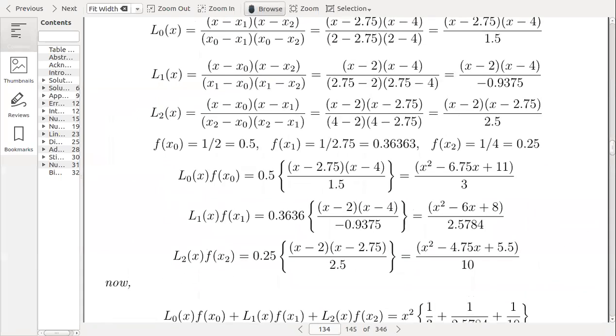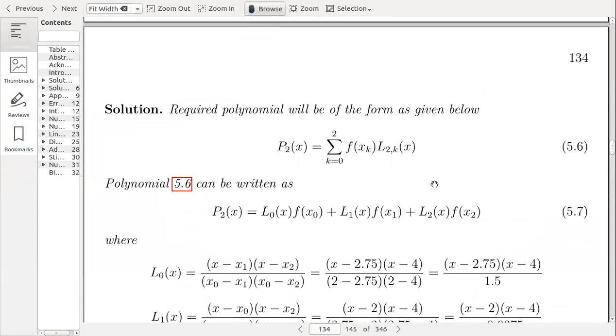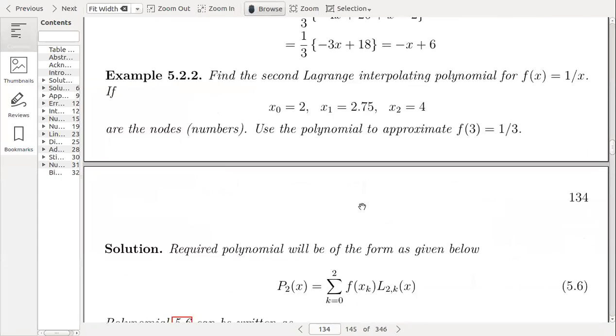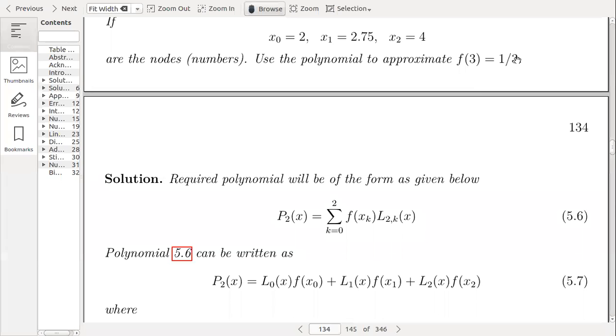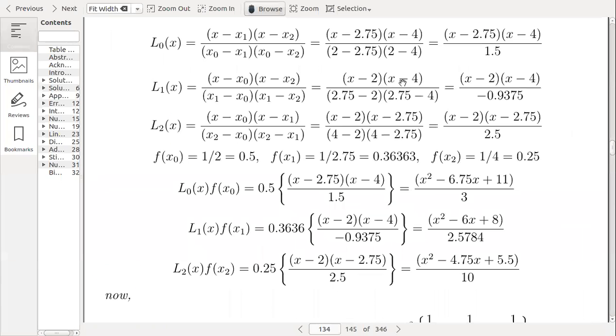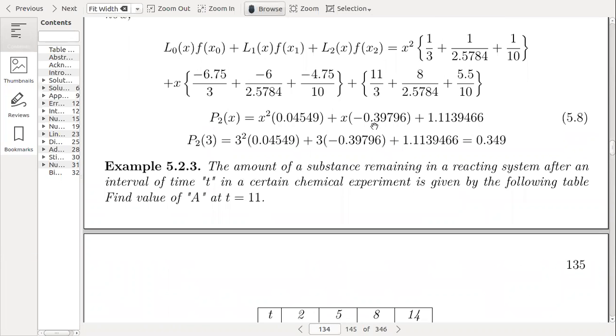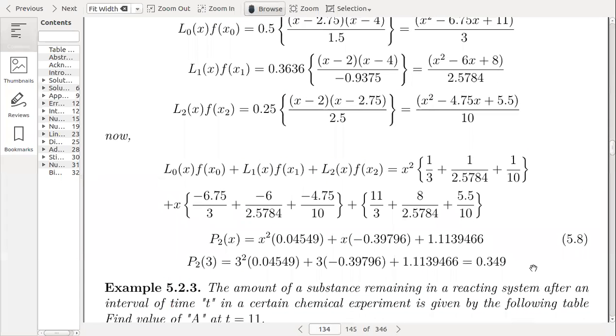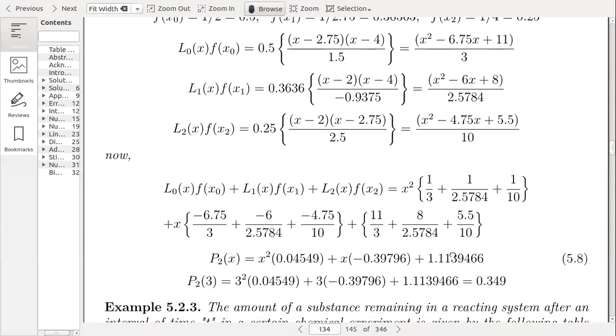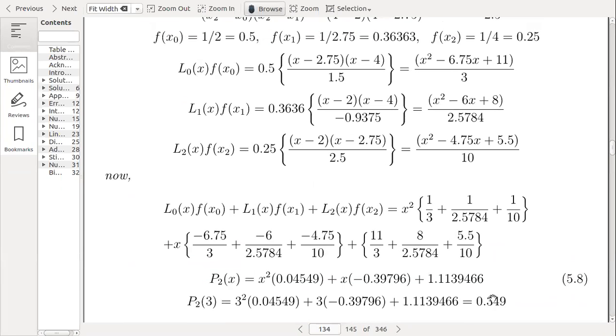If we divide 1 by 3 with the calculator, we get 0.333. There is a very small difference, so between the exact calculation and the polynomial approximation, error can exist.